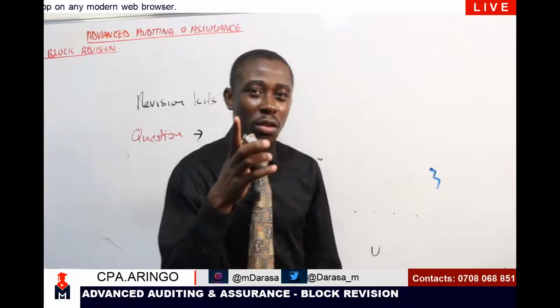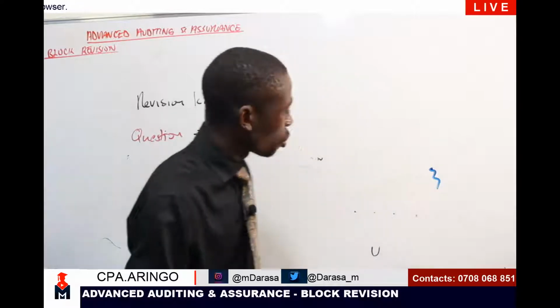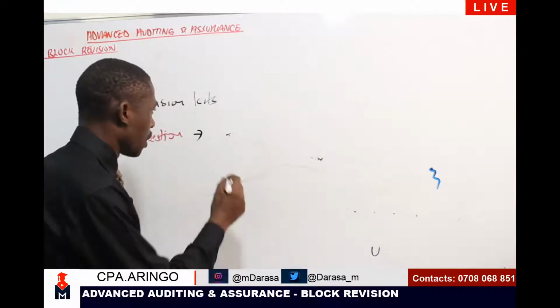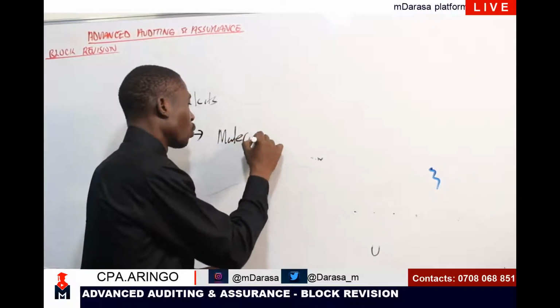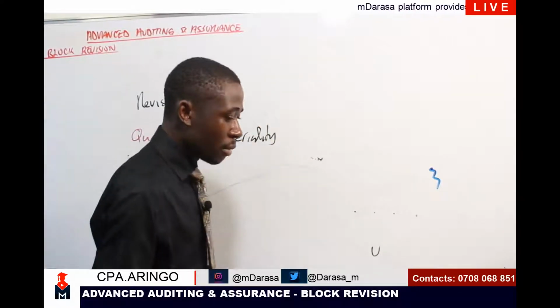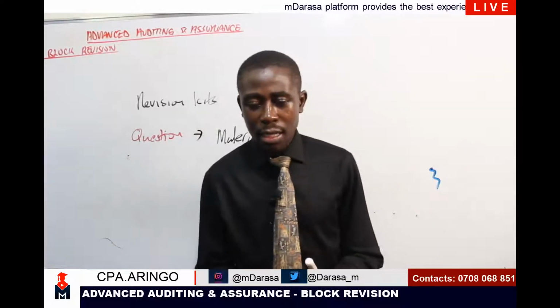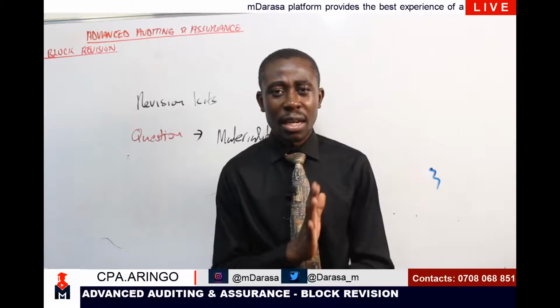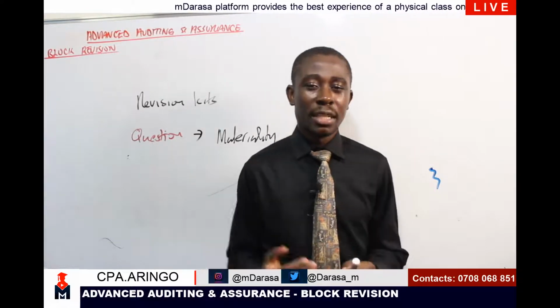So the best way to revise, more so these theory questions and any other paper, if you're having your revision kit, assuming I want to handle, say, an aspect of materiality, right? I've seen a question on materiality in the question that I'm handling. So I've tried to think about it, things have totally refused; you can't work it out.